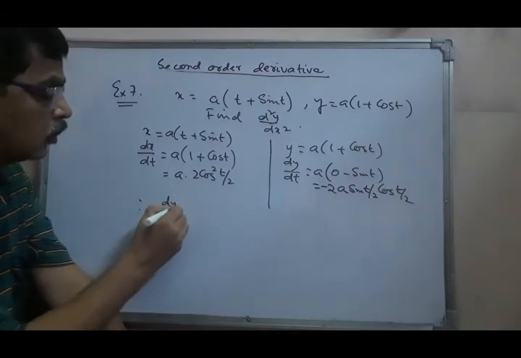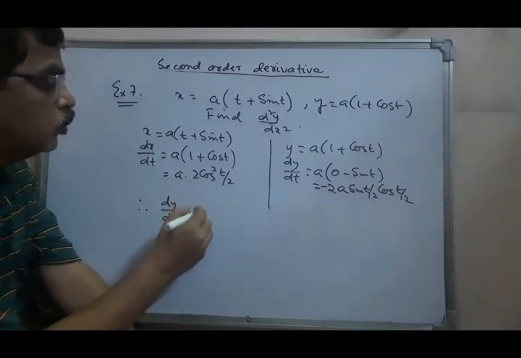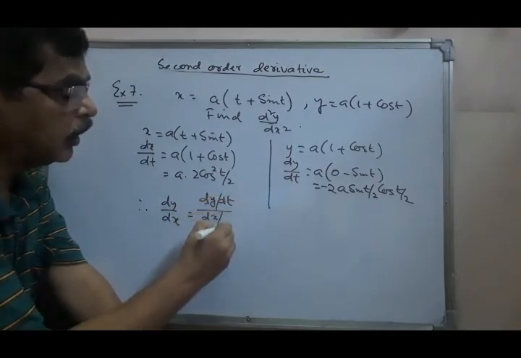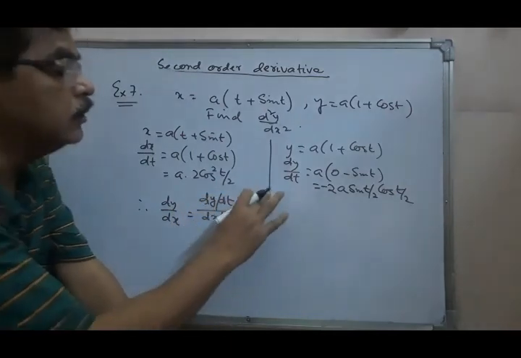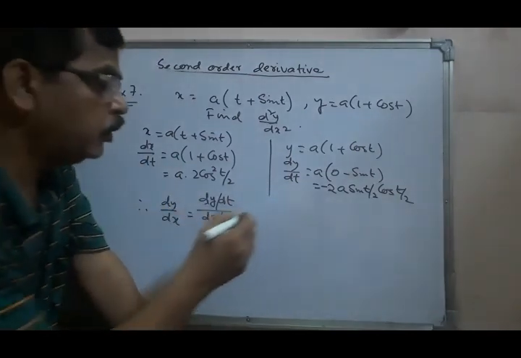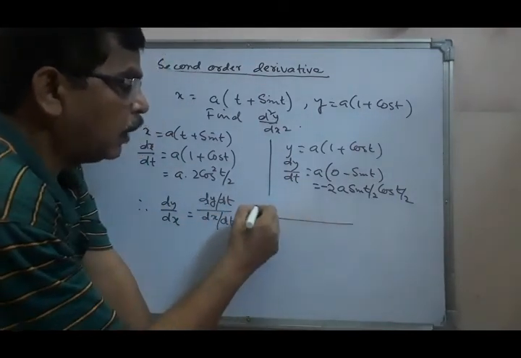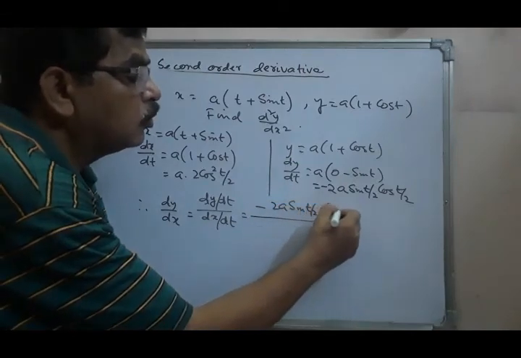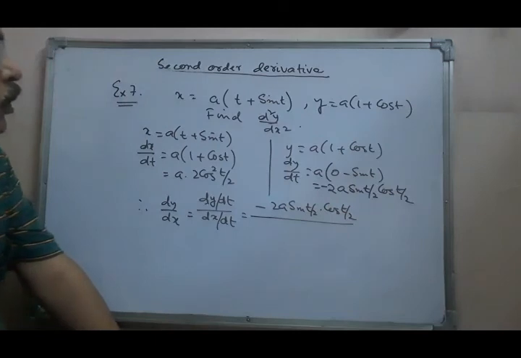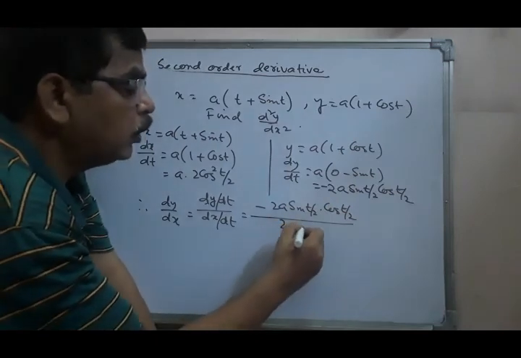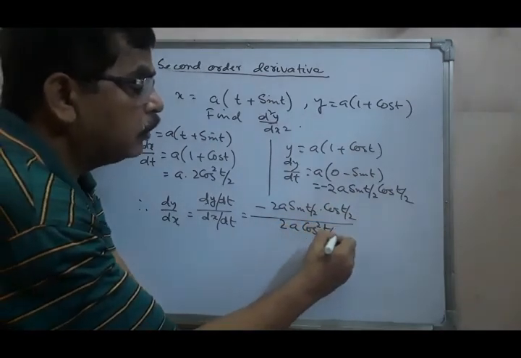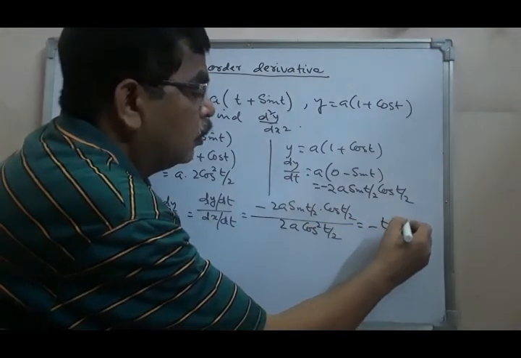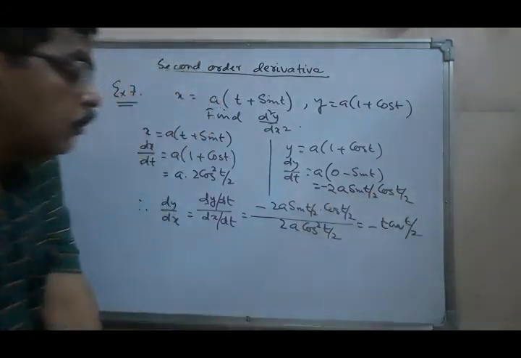Therefore, dy by dx equal to dy by dt divided by dx by dt. So how to do here? The answer will be minus 2a sin t by 2 cos t by 2 divided by 2a cos square t by 2, which is minus tan t by 2.